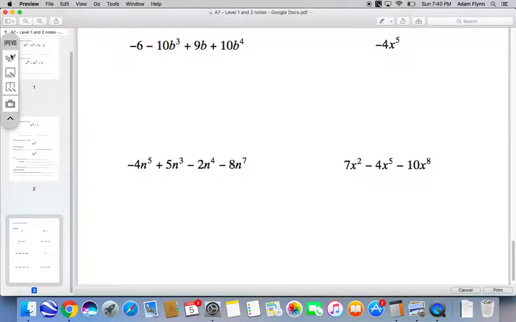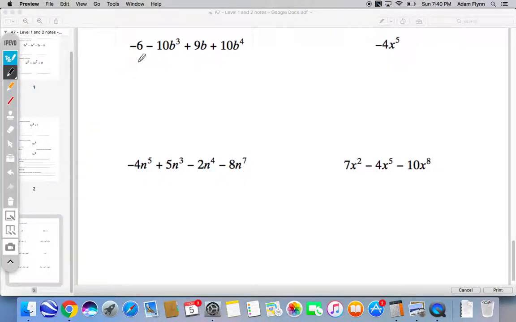All right, last 4. So first I'll count my terms. I have 1, 2, 3, 4. So do we have a special word that we can use to describe a 4-term polynomial? No, we don't.